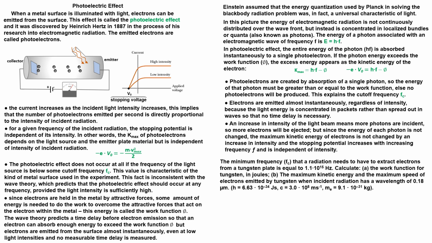To calculate the work function, we take the expression for the maximum kinetic energy and set it to 0. To find item B, we first calculate the energy of each photon for the given wavelength.